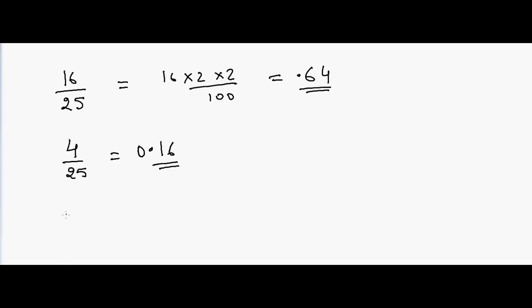Another example: if I have 44 to divide by 25, so 44 into 4, that's what we have to do. 44 into 2 is 88, and 88 into 2 will be equal to 176. So the answer will be equal to 1.76.